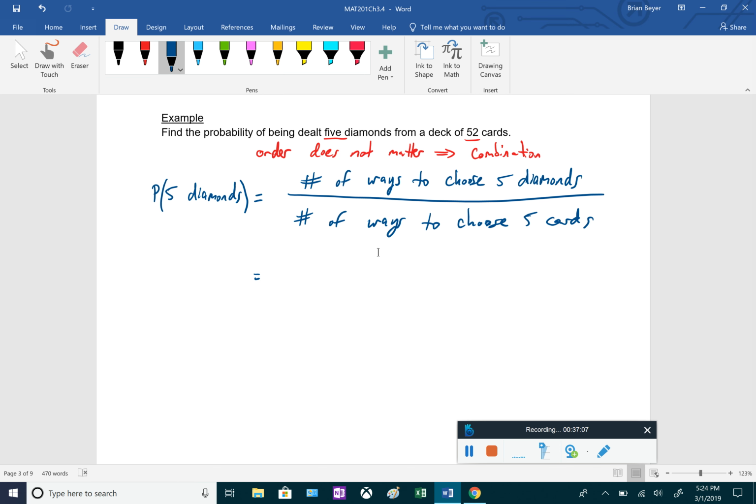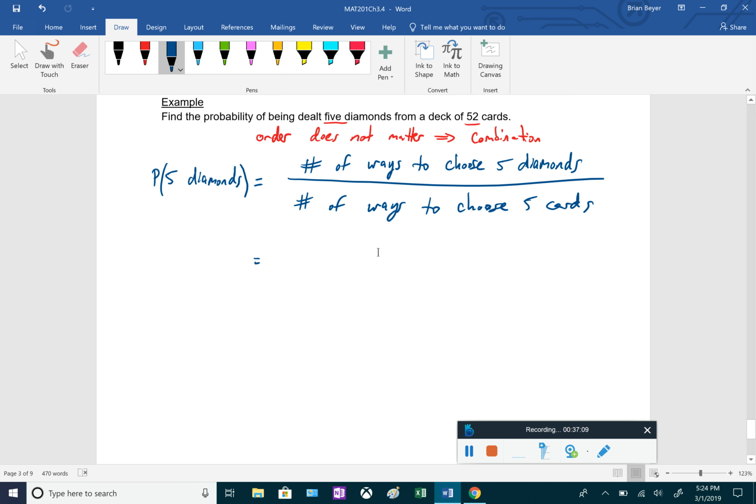So the number of ways to choose 5 diamonds, there are 13 diamonds and we're trying to choose 5 of them. That's going to be 13 choose 5. The number of ways to choose 5 cards total, there's 52 cards. So it's going to be 52 choose 5. So either evaluate this by hand, or plug those into the calculator separately.